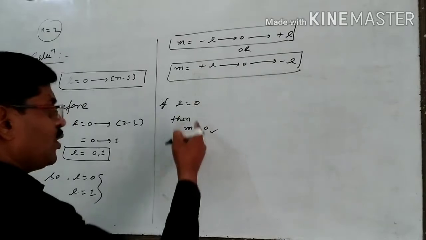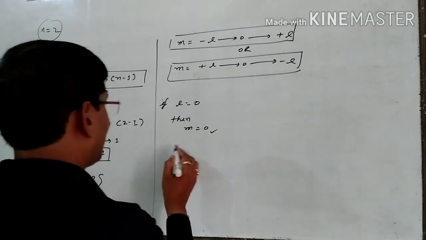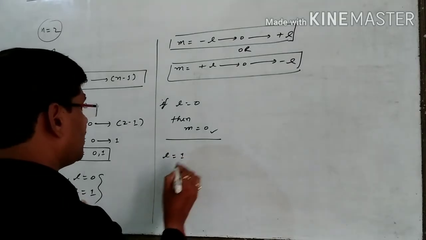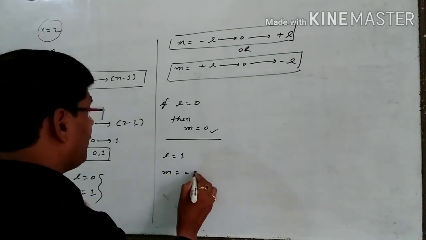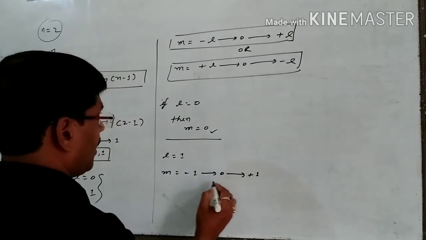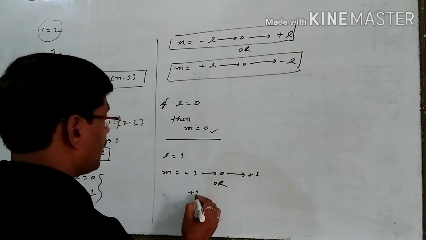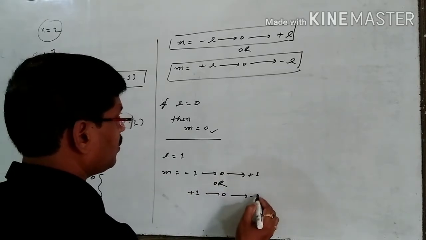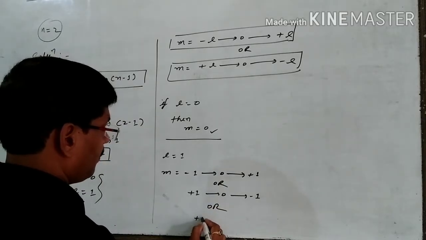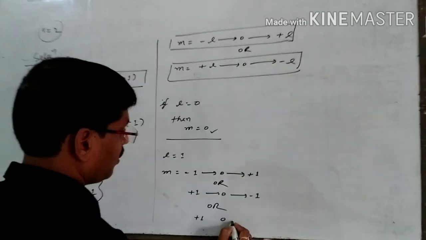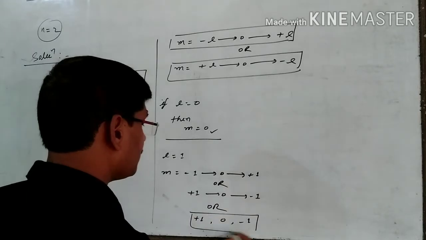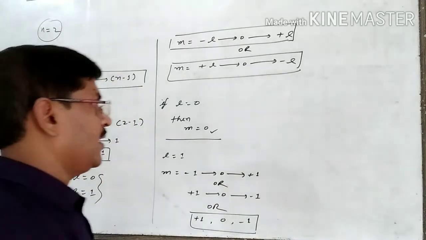It means l is 0, then m is also equal to 0. For the second azimuthal quantum number, having value l is 1, therefore m is equal to minus 1 to 0, 0 to plus 1, or plus 1 to 0, 0 to minus 1, or finally I can say 1, 0, minus 1. These are the three values of the magnetic quantum number.